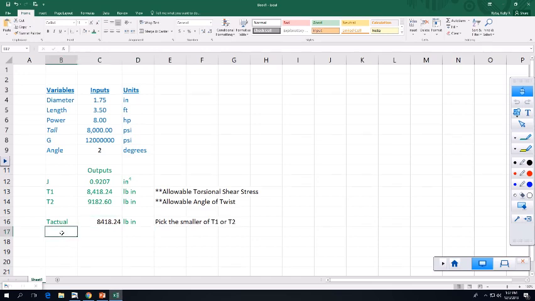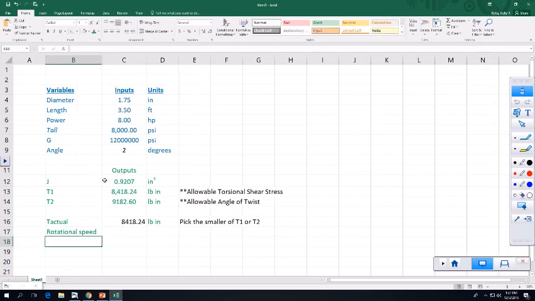So now my rotational speed. Now I'm going to go up here, I'm going to double click, and this is going to make it as long as it needs to be. My rotational speed, this is N, capital N. This is going to be an RPM, is going to be based on this torque. So I'm not going to pull one of the torques from here. I'm going to pull from this torque that I input manually based on the decision I make between these two.